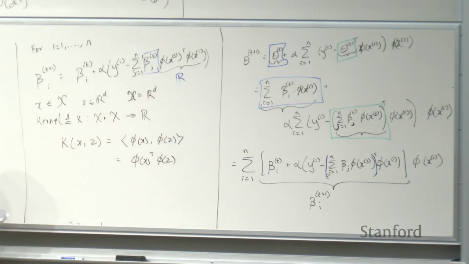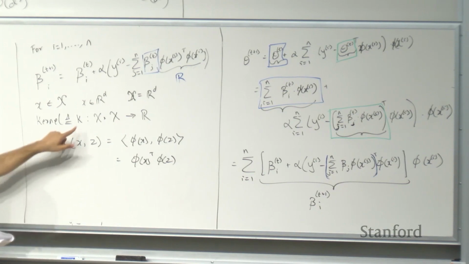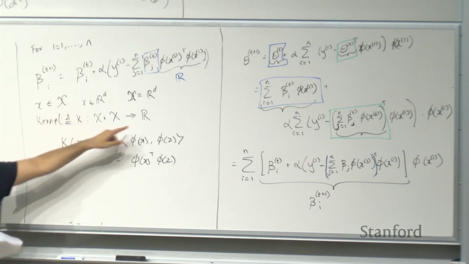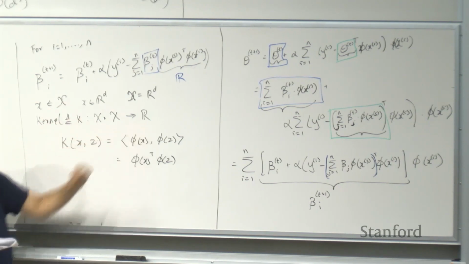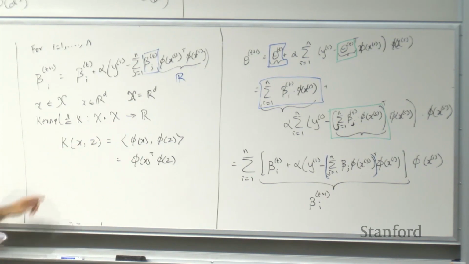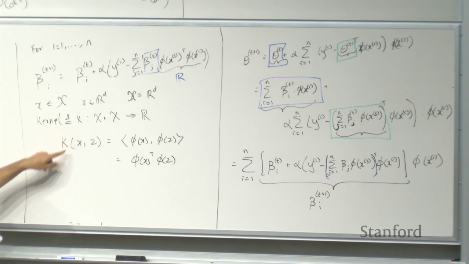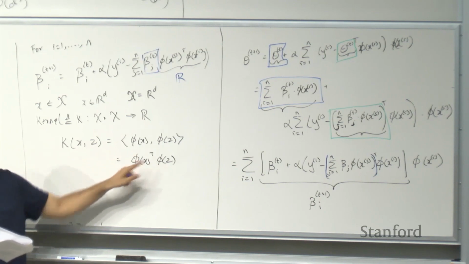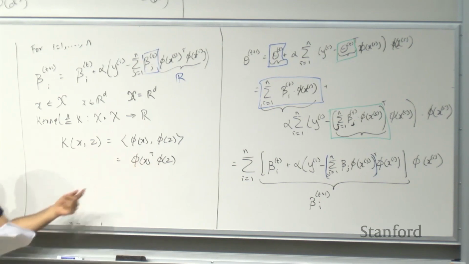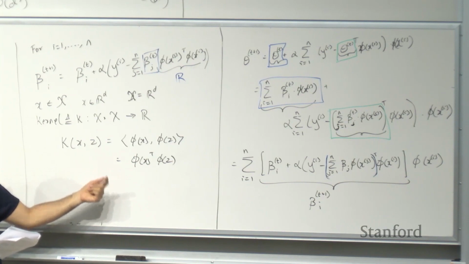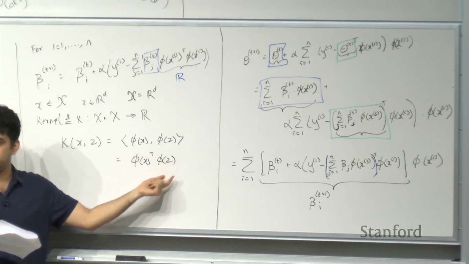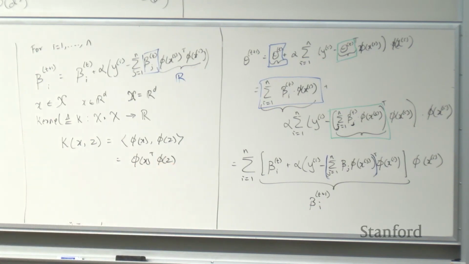It's an abstract space, and a kernel is a function which takes two elements of that space and returns a real valued scalar, and it also satisfies the property that the evaluated value can be expressed as the inner product between two feature maps, the feature map of input 1 dot product with the feature map of input 2.